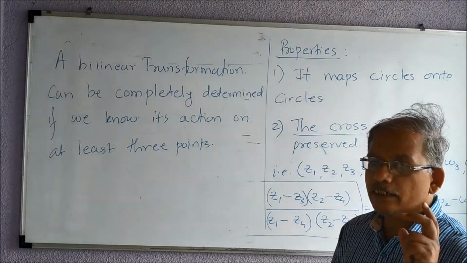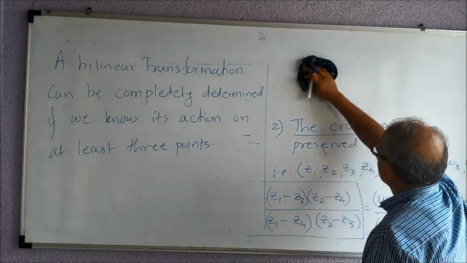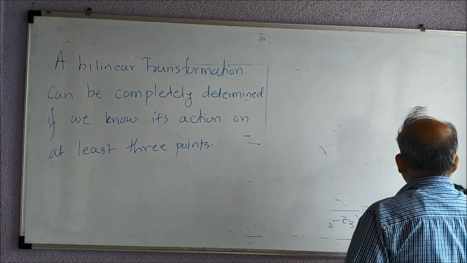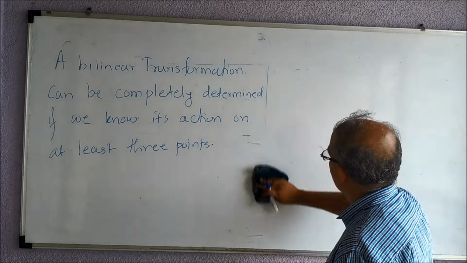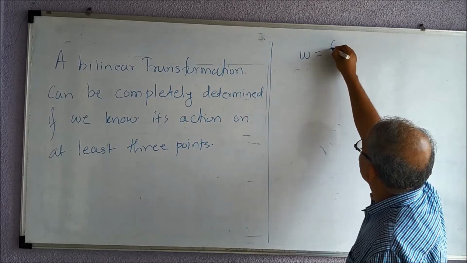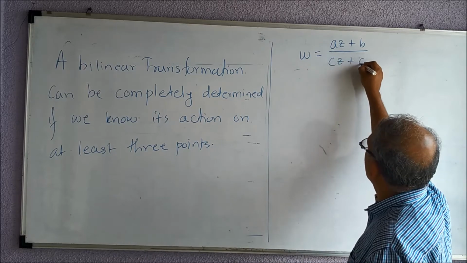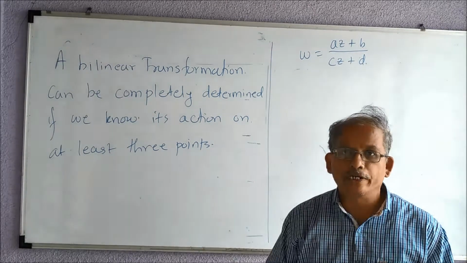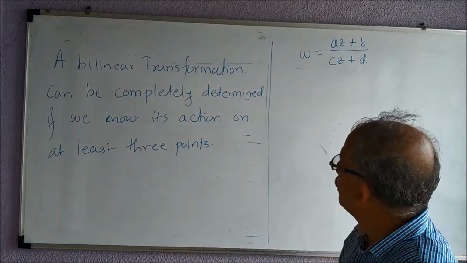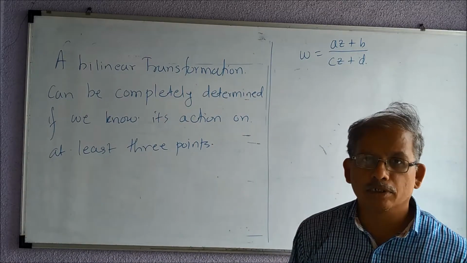I'll just explain what this is, and then we will solve an example. This means that I want to find out a bilinear transformation, and it can be completely determined when I know the constants A, B, C, D. These are complex numbers, remember.